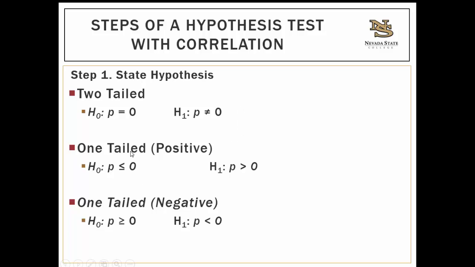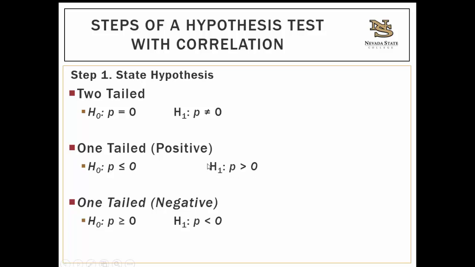If we had a situation where we were expecting a positive relationship, higher values for x tend to correspond to higher values for y, then our null hypothesis, well, let's start with the alternative. I like to start with the alternative when we're doing a one-tailed test because it's like, state what you expect in the alternative, and then the null is everything else. So if we expect a positive relationship, then in the population, our correlation would be greater than zero, right?